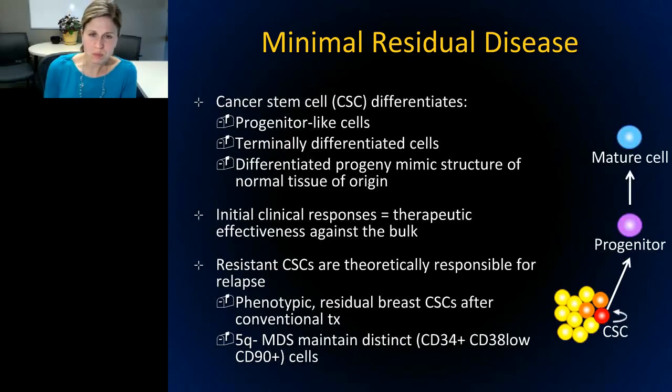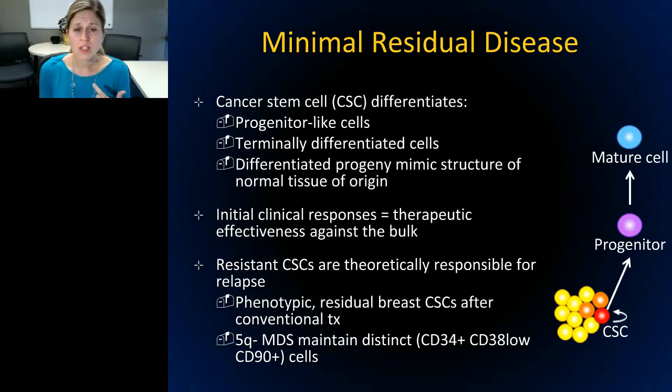Where this theory comes from is the cancer stem cell theory, that there are cells that act as progenitor-like cells, as well as terminally differentiated cells, and that are going to maintain some characteristics of those within a cancer cell. So when we give an individual some sort of a therapeutic regimen, we can see that the vast majority of mitotically active cells are going to be eliminated.